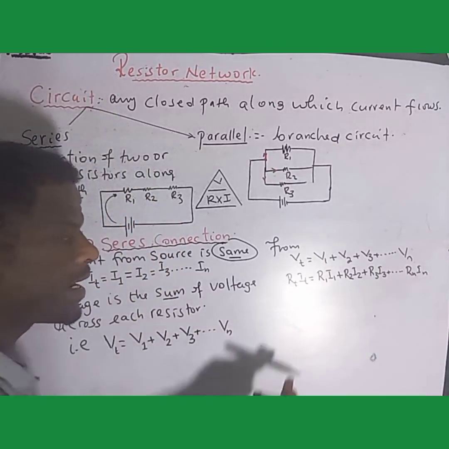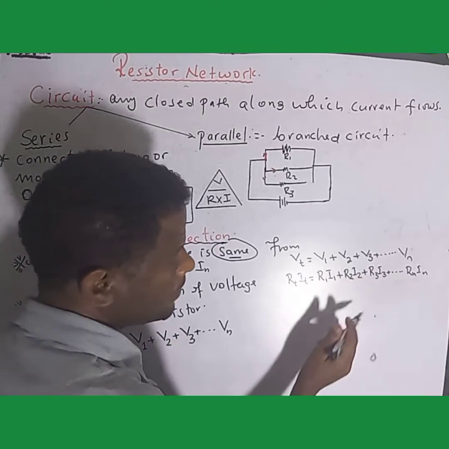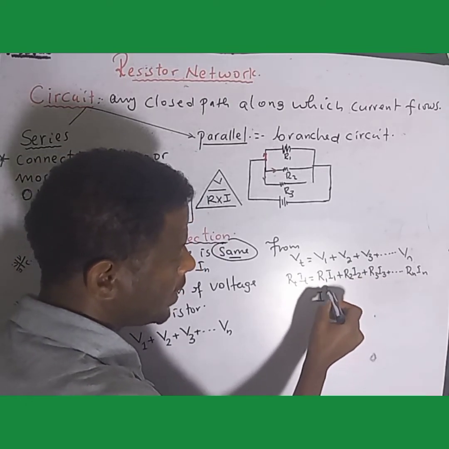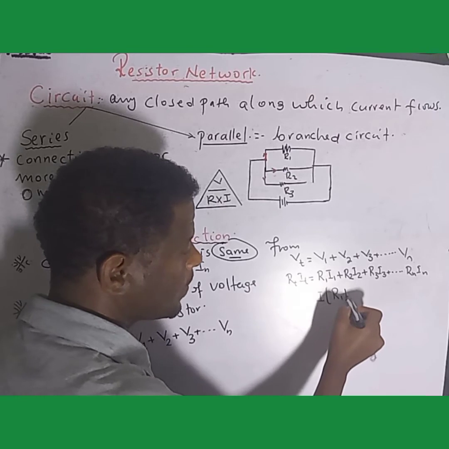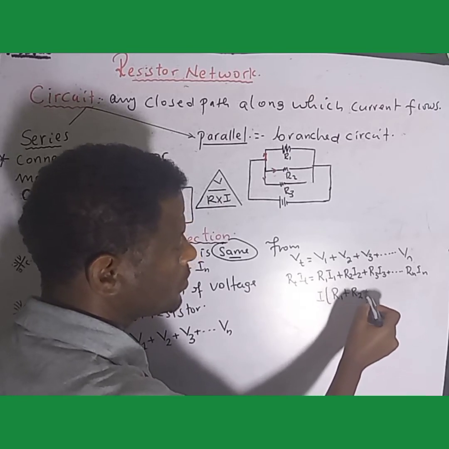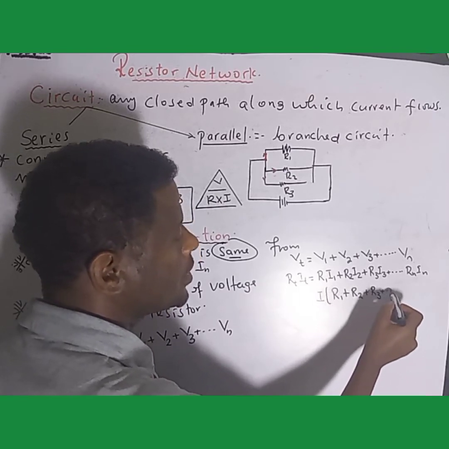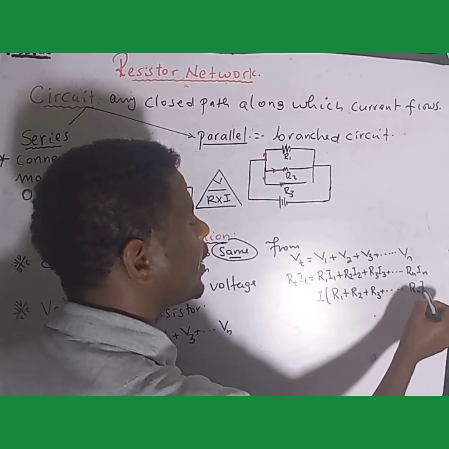But current is the same, so we can factorize I out of R1 plus R2 plus R3 plus Rn.